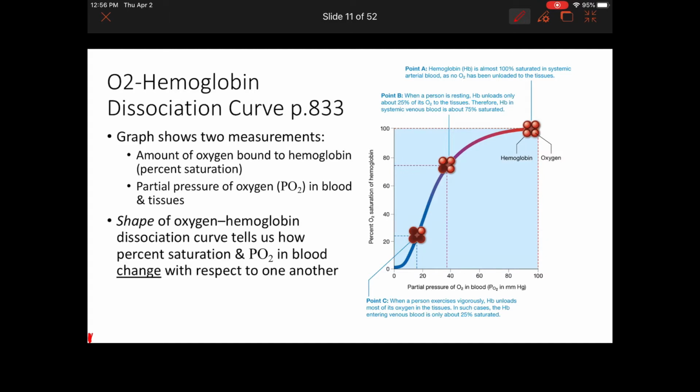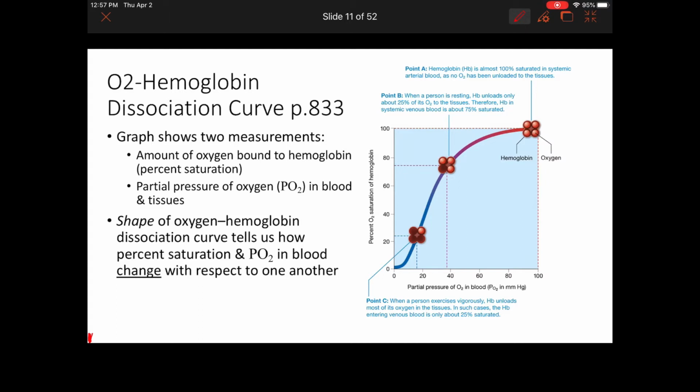So depending on the oxygen saturation of blood, that will determine how many oxygens are bound to hemoglobin. So we're going to take a look at a relationship between the partial pressure of oxygen and the percent saturation of oxygen on hemoglobin.